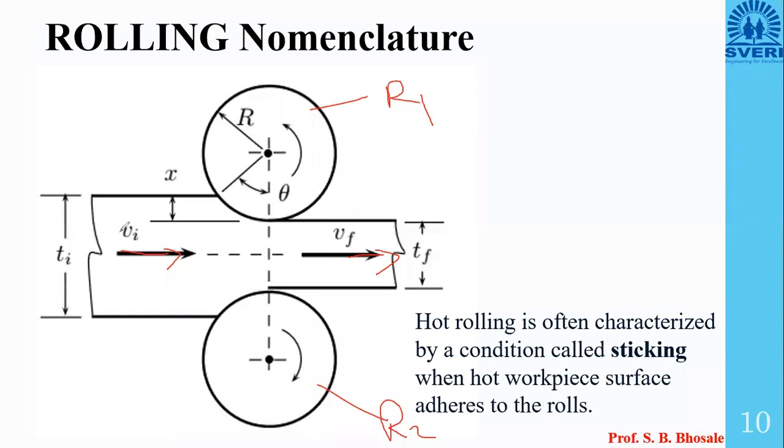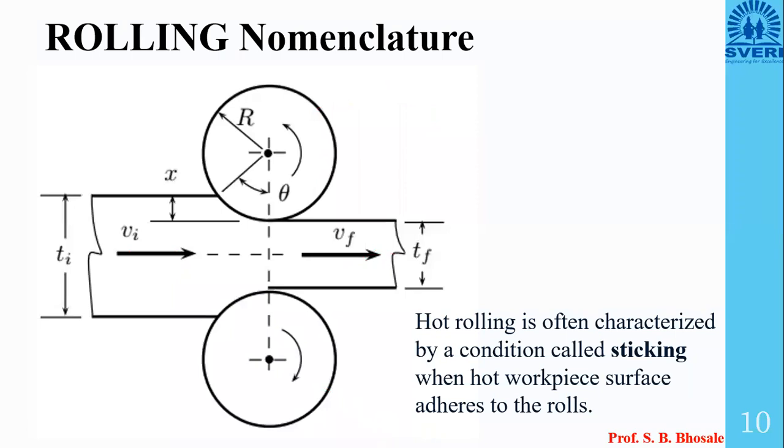Or VI, initial velocity, or final velocity, we can call it. Because in the animation you might have found that the velocity of the material is a little bit small. Is it right?